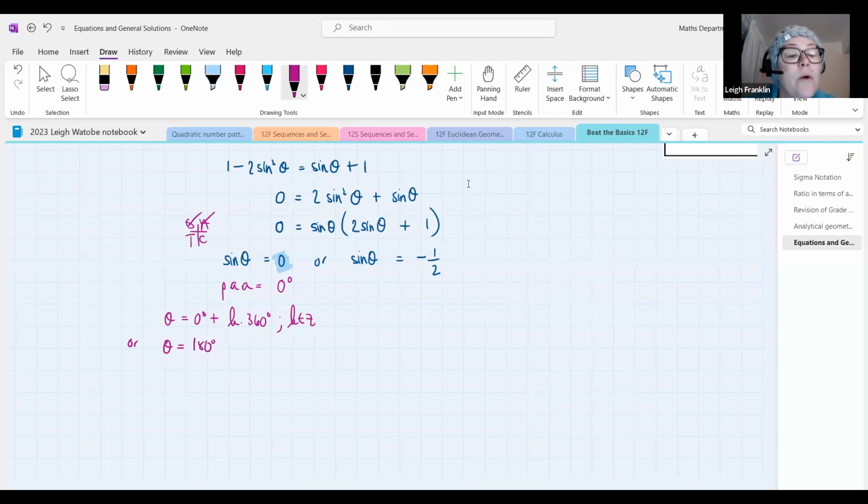So that would be 180 plus k times 360, k is an element of the integers. So that one was quite easy. Now, for sine theta equals minus 1/2. Remember, when we calculate our PAA, we do not use the negative.